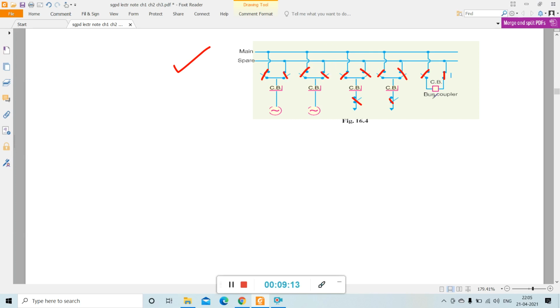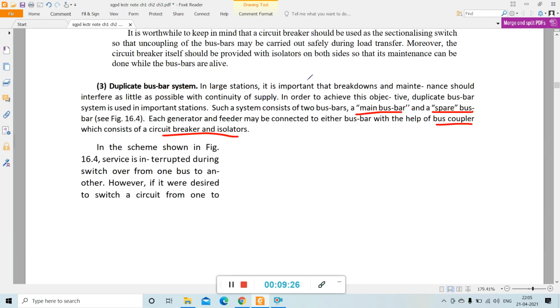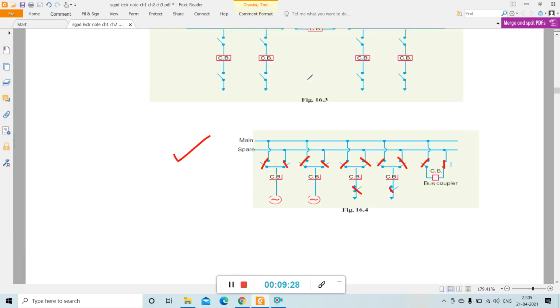First we have to close this bus coupler, and then we have to switch from the main to the spare bus bar. So this is all about your duplicate bus bar system.